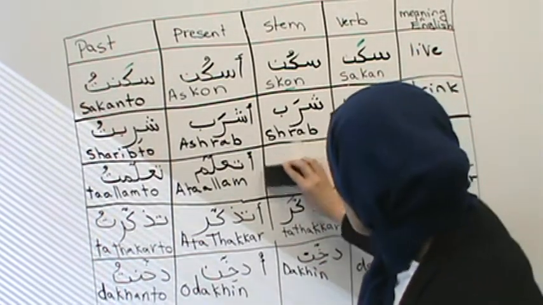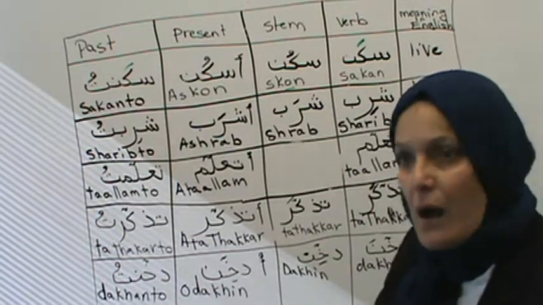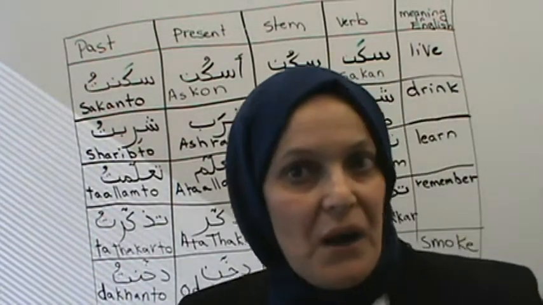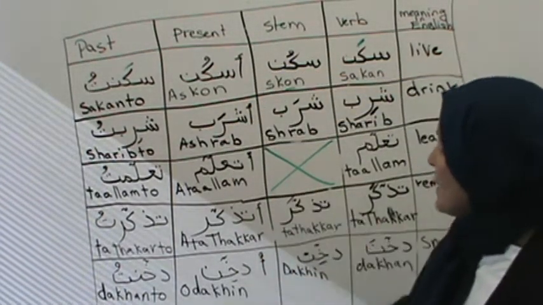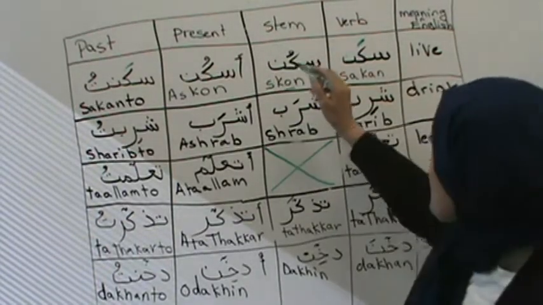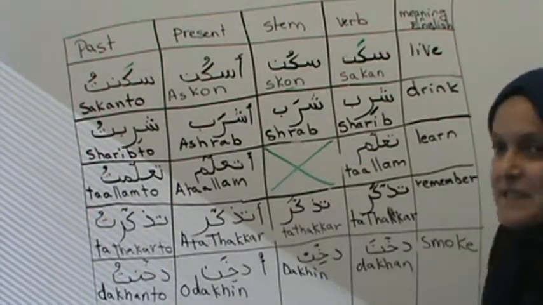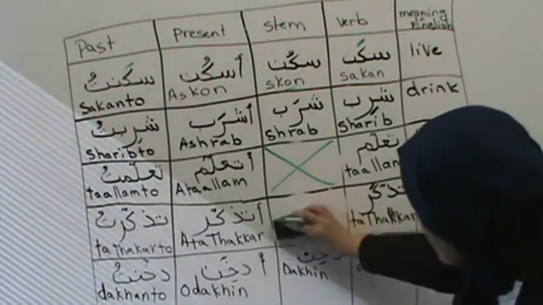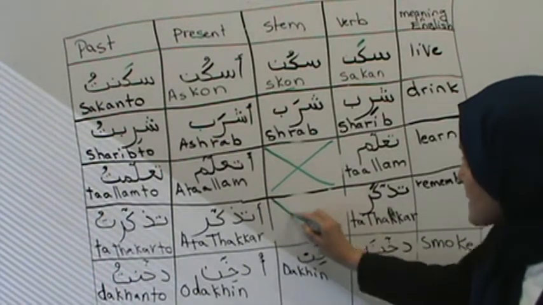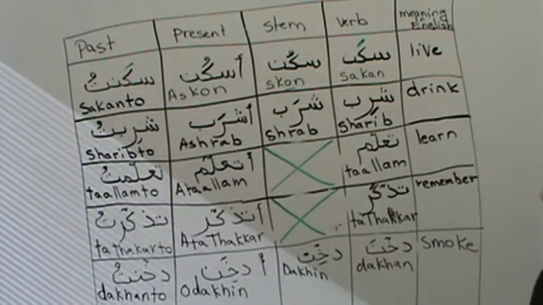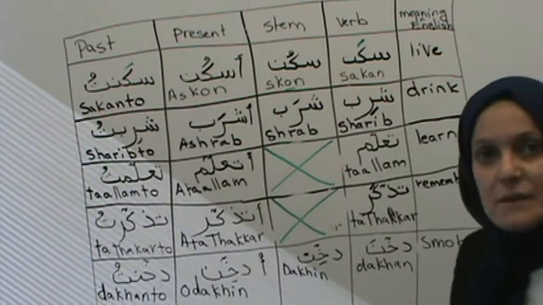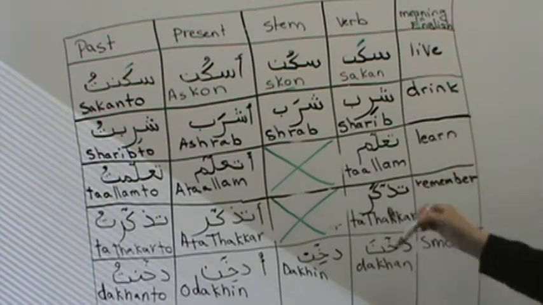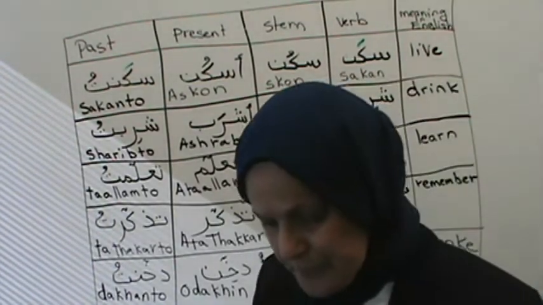You can put a cross here, so there is no stem for this one. This is going to help you when you are talking about the stem, and then remember the stem in the present tense. You need it for the present tense. تذكر, the same thing, it doesn't have a stem. And dakhan, it has. So we have 1, 2, 3, 4, 5, and 2 of them did not have a stem.